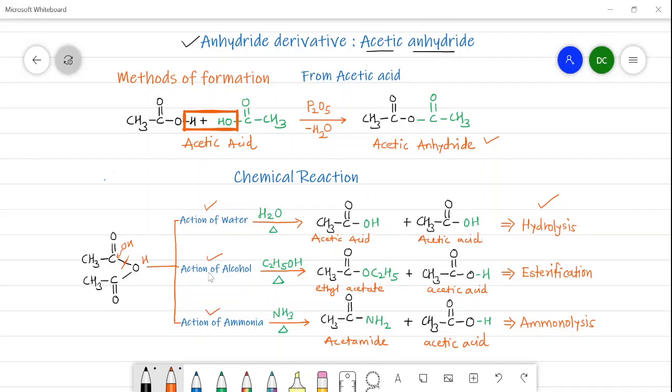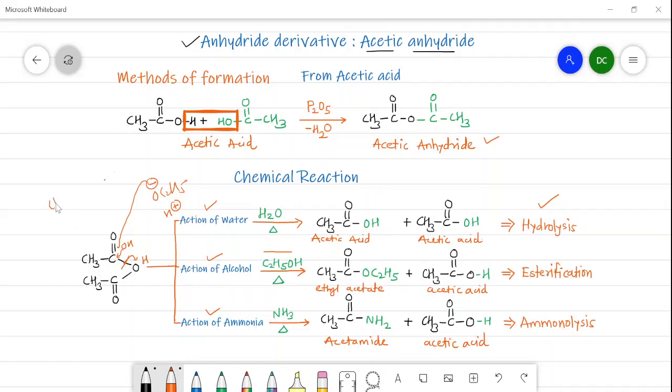Then the second reaction, action of alcohol. We know that OC2H5 group is there, OC2H5, O minus is there, and H plus ions. So it will attack on the carbonyl carbon, and here there is a formation of ethyl acetate. Suppose it will attack here, then this bond will break down.